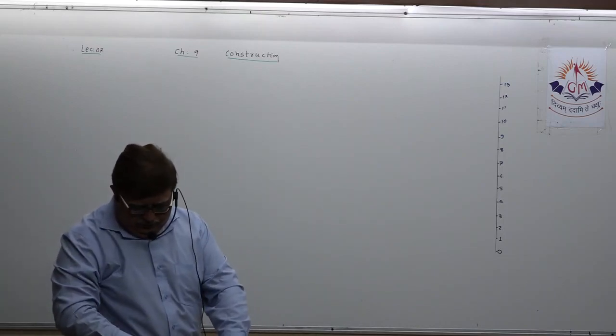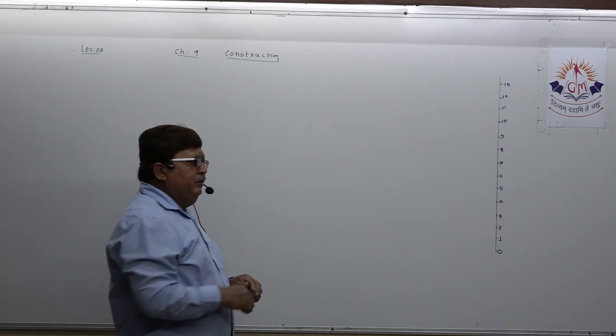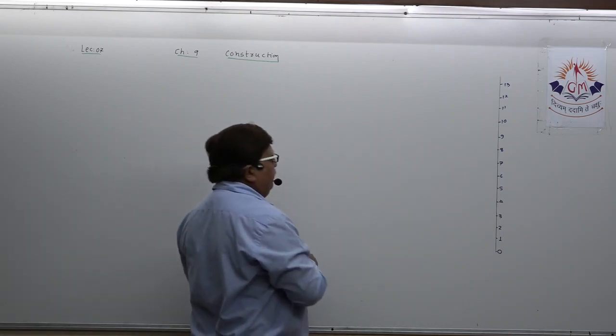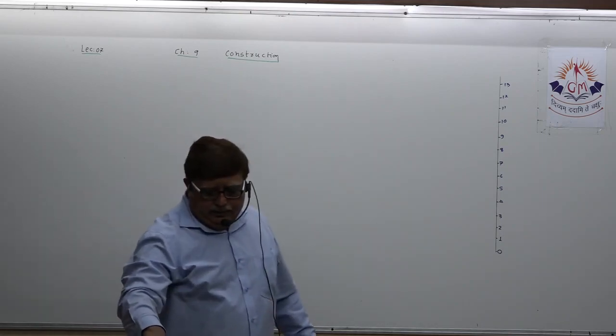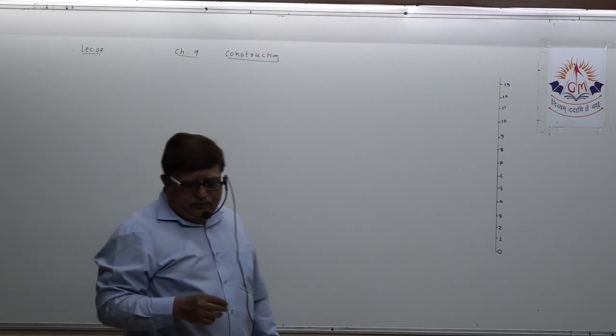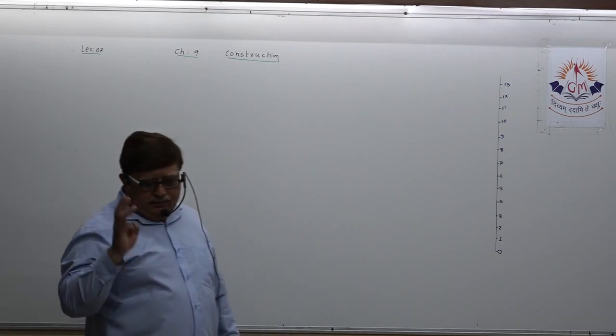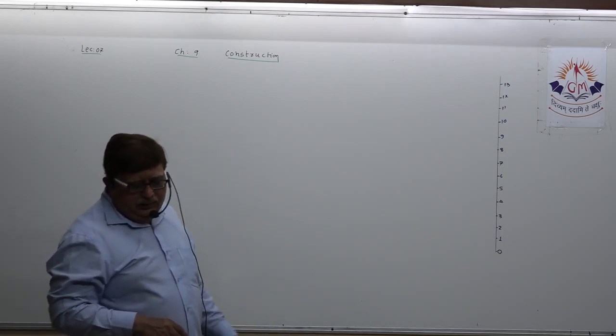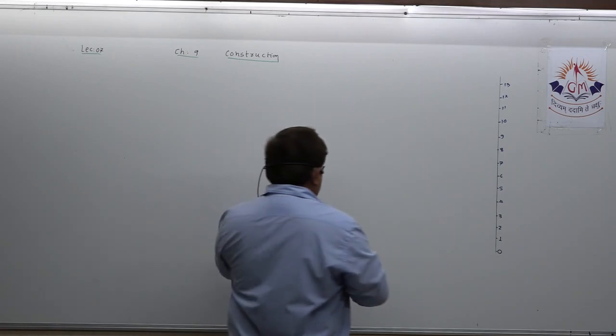The construction we are targeting today is type 5, and type 5 means construction of a quadrilateral when three angles and two included sides are given.